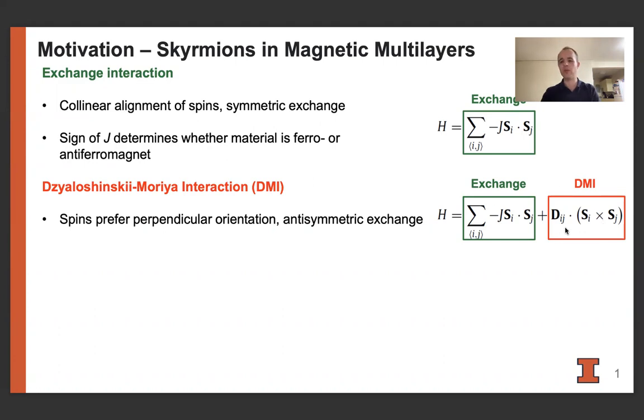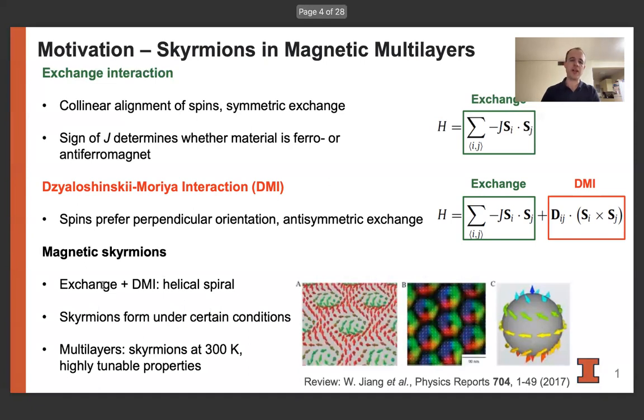Now, if we combine these two energy terms, we usually end up with states like helical spirals, or under certain conditions, we can also get skyrmions, which are these tiny magnetic whorls that are topologically distinct. Some pictures of those are shown here.